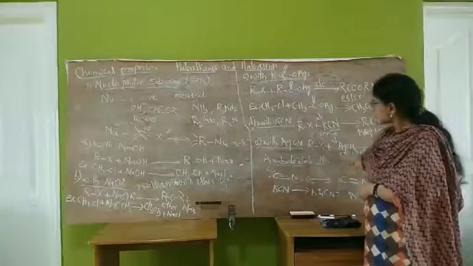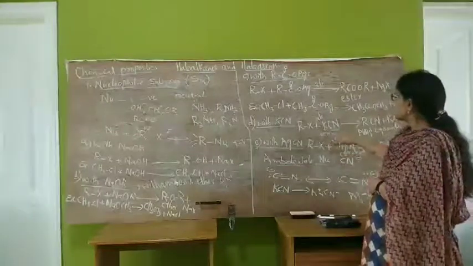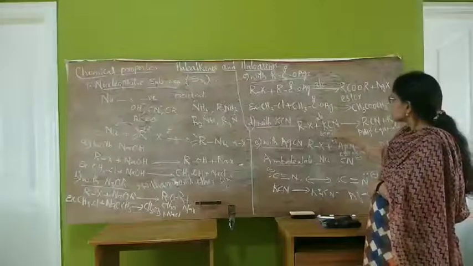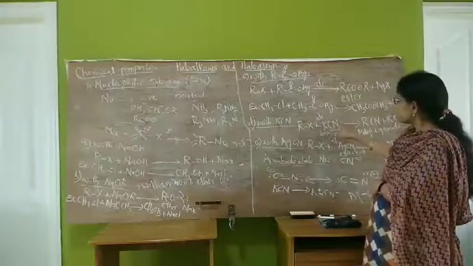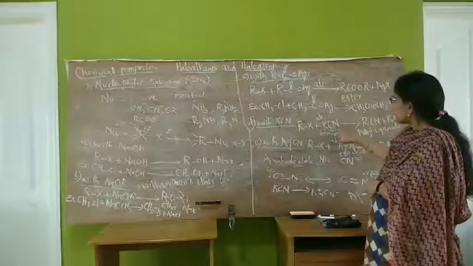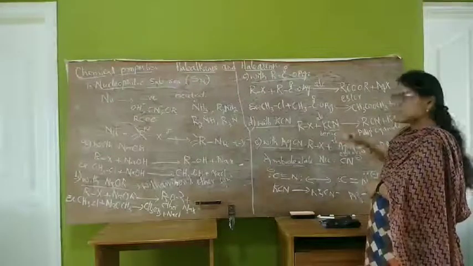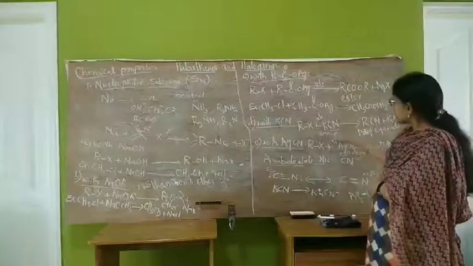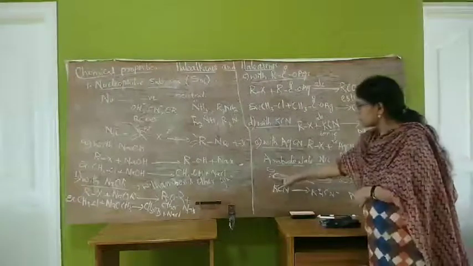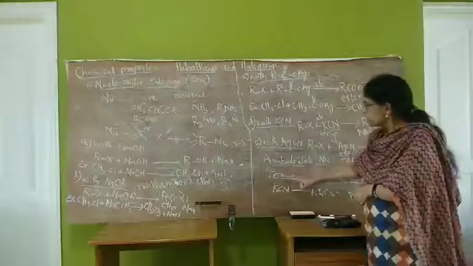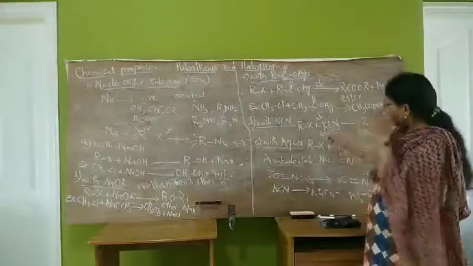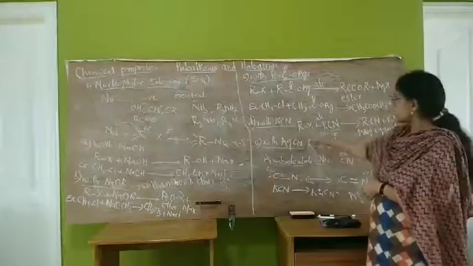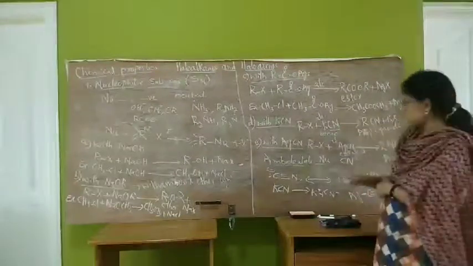In case of potassium cyanide, which is ionic in nature, it dissociates to give K plus and CN minus. Here, in cyanide, the carbon is less electronegative. Therefore, it easily donates electrons, and the cyanide group attacks the alkyl group and forms alkyl cyanide.